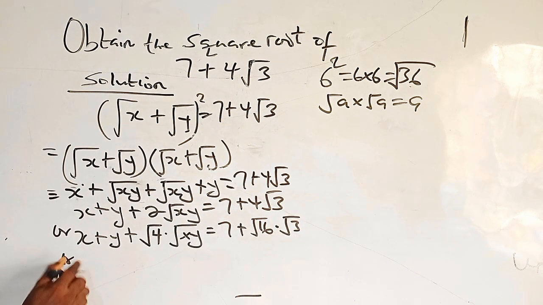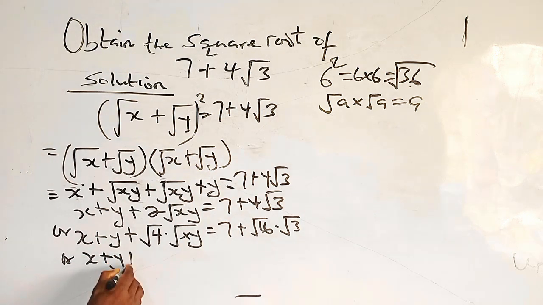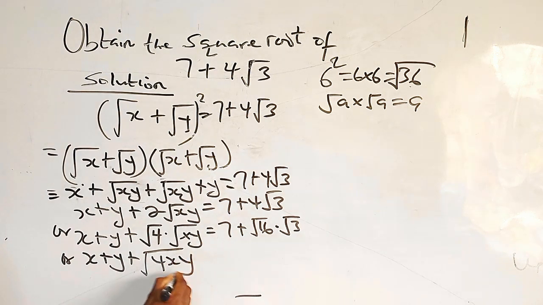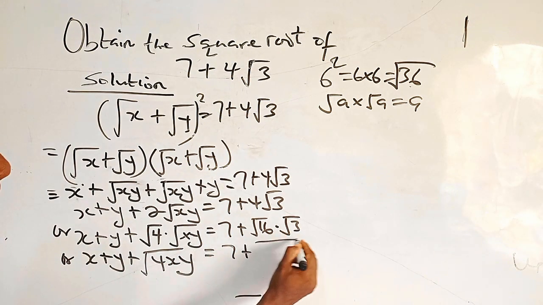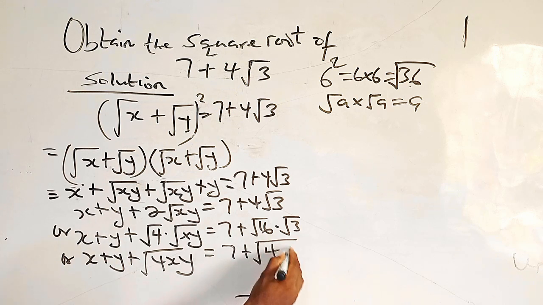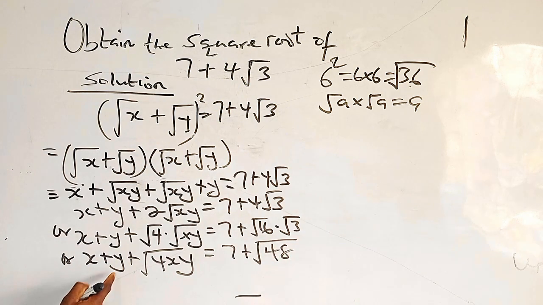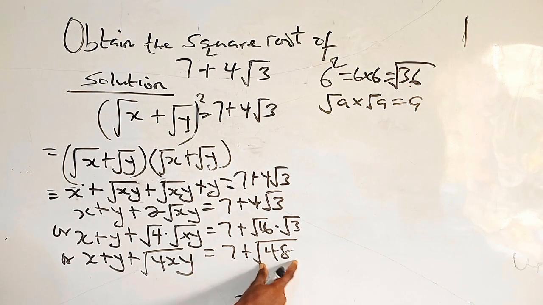Or putting it this way, x plus y plus root of 4xy equals 7 plus root of 48.